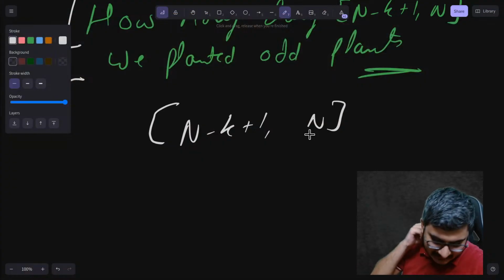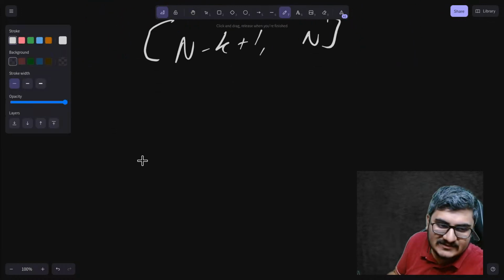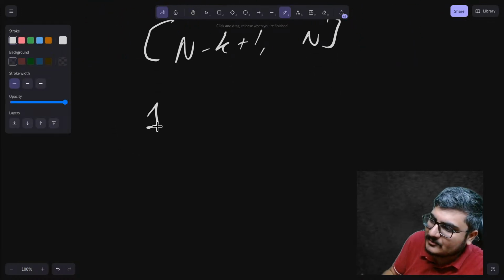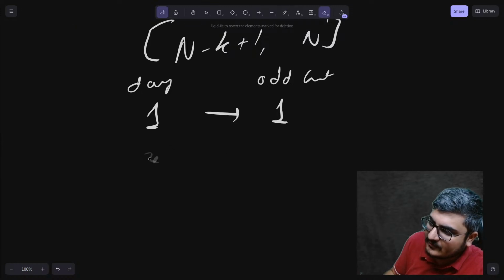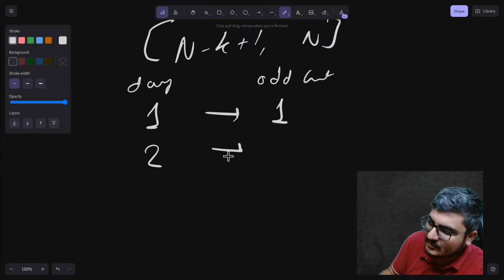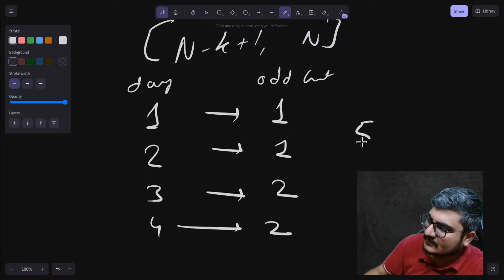Now, for the number of odd numbers, we can first see how many odd numbers there are up to each day. Up to day 1, only one odd number is there. On day 2 also only one odd number, because 2 is even. On day 3, 1 and 3 both would be there. Up to day 3 we will encounter 2 odd days. 4 is even, so still only 2 odd days.